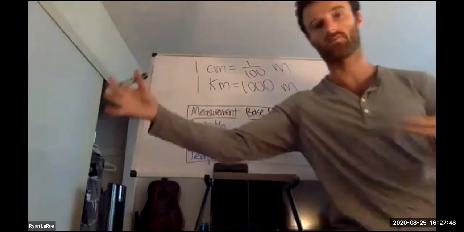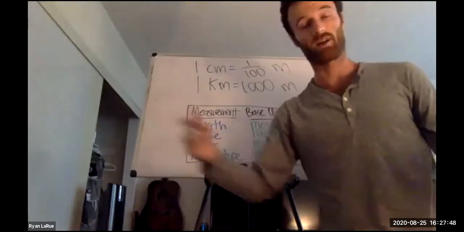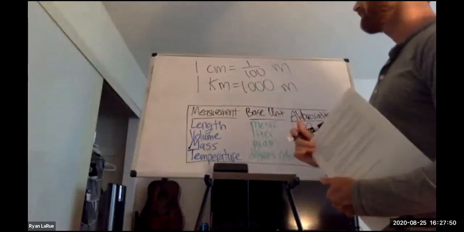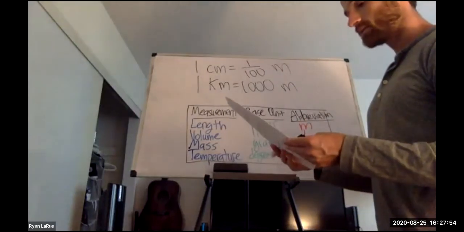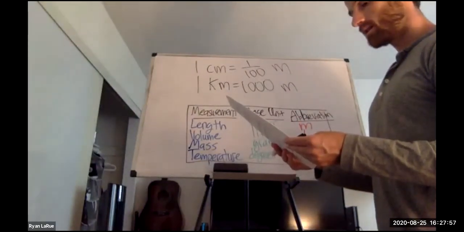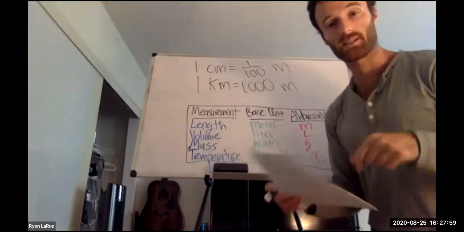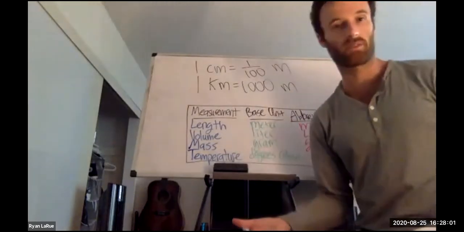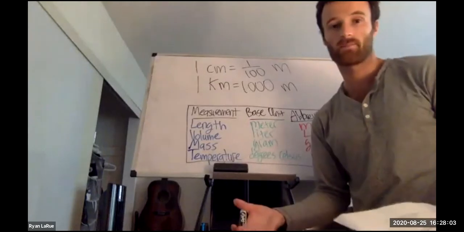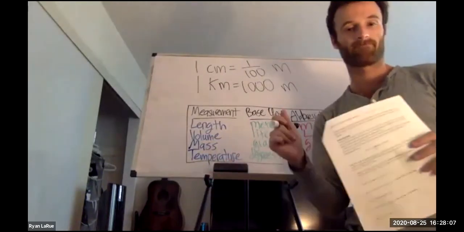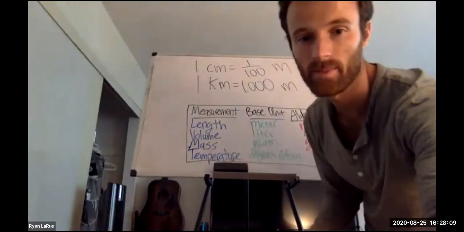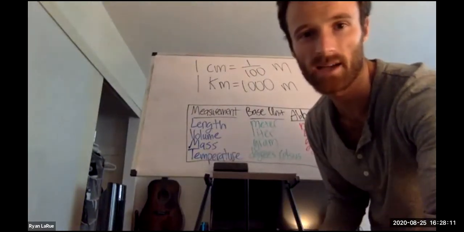It's 1,000 of those meter sticks, right? So if I told you that 1 millimeter is 1/1000th of a meter, how many millimeters are in a meter? 1,000. Yeah, exactly. Cool.